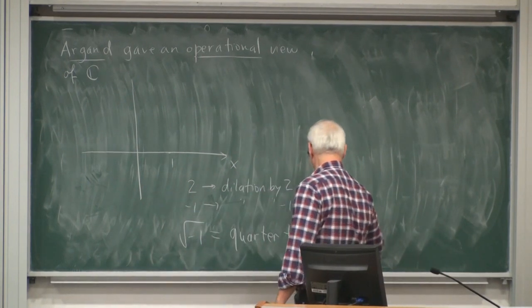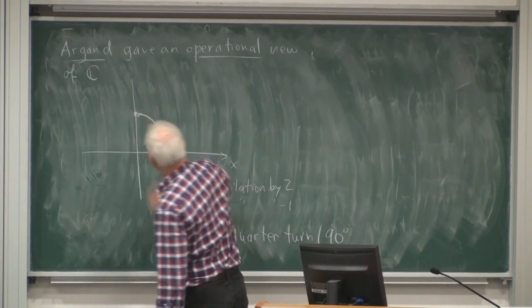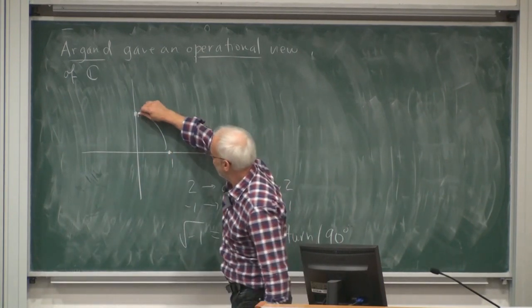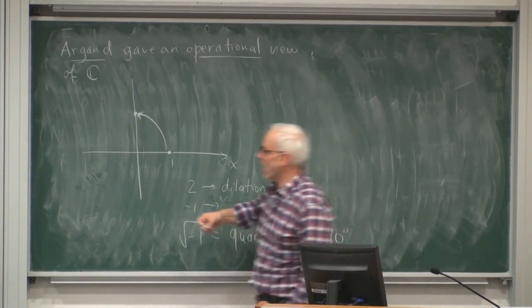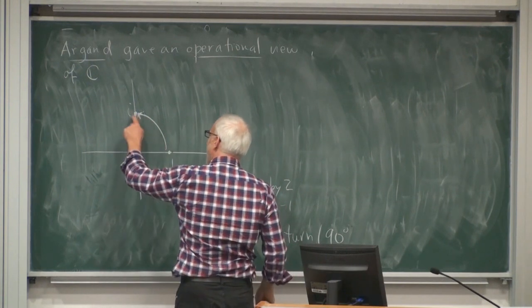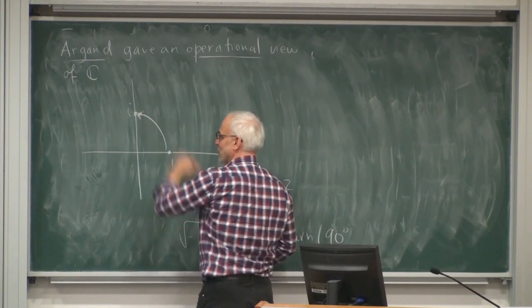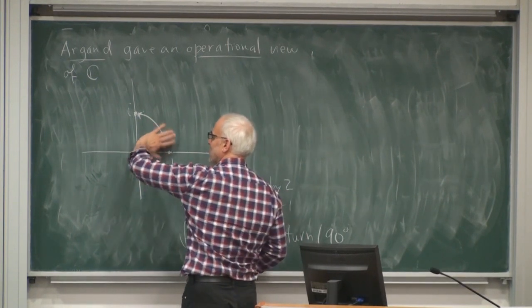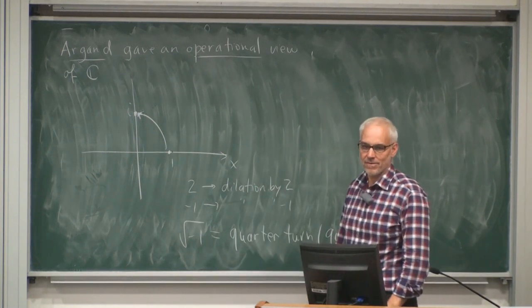So the square root of minus 1 could be represented by a quarter turn. So a turn by 90 degrees. So this transformation could be thought of as the complex number i. So we could think of i as being the point that you get at by starting with 1 and applying the transformation, or we might even think about the transformation as being the complex number itself.